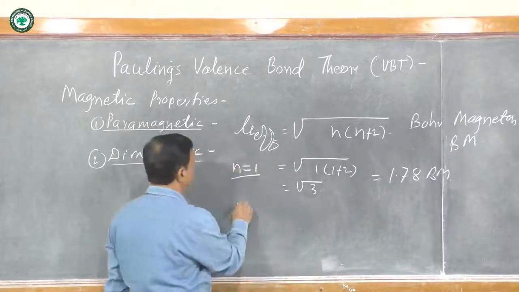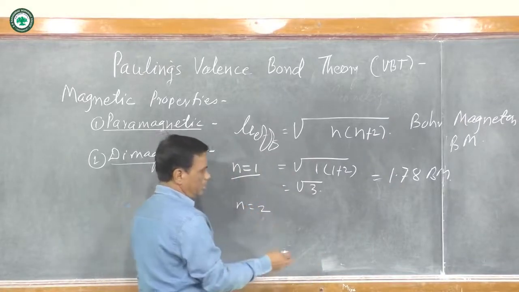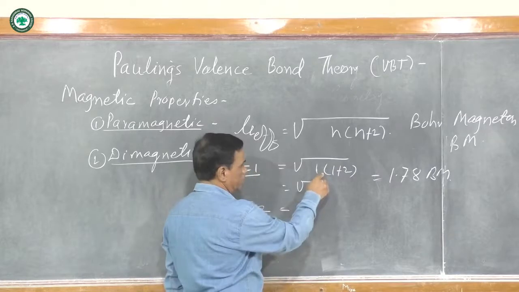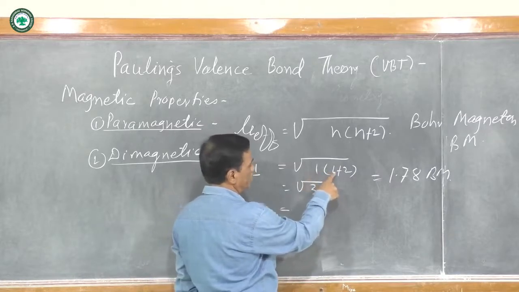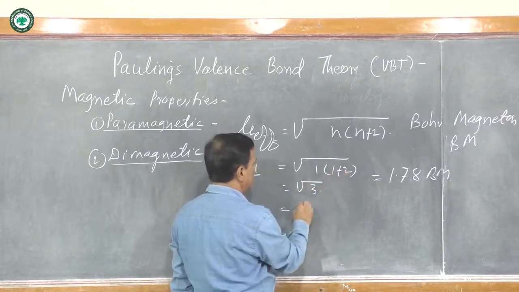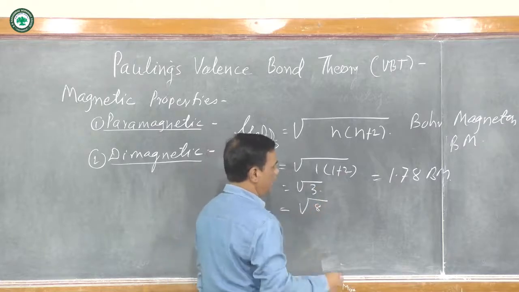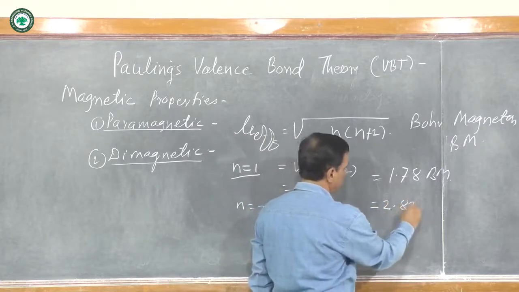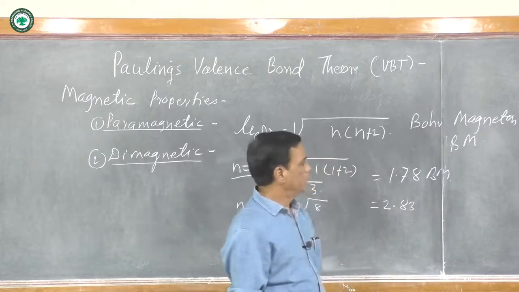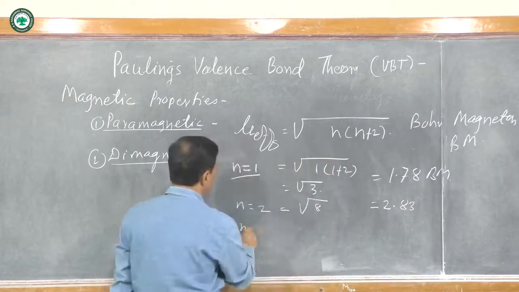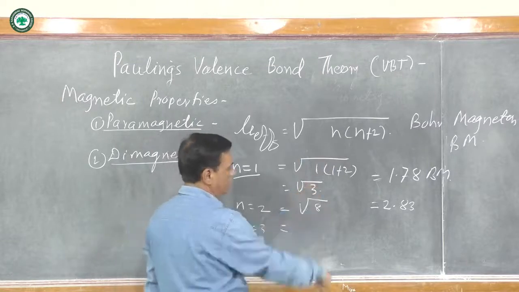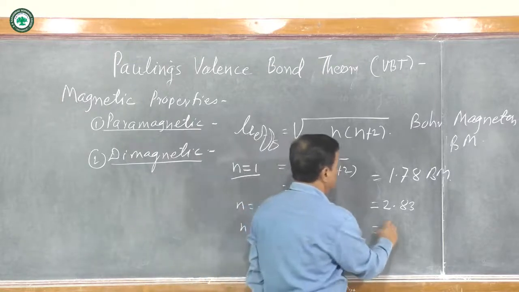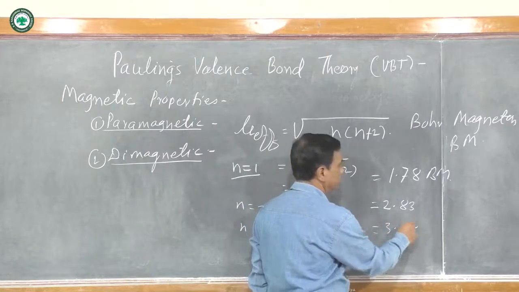Then when n is equal to 2, that is under root of 8, and that value is equal to 2.83. Then like that, when n is equal to 3, that value is equal to 3.87.